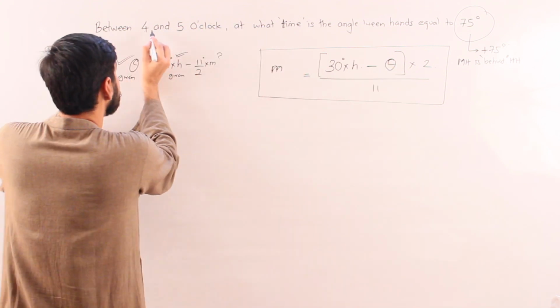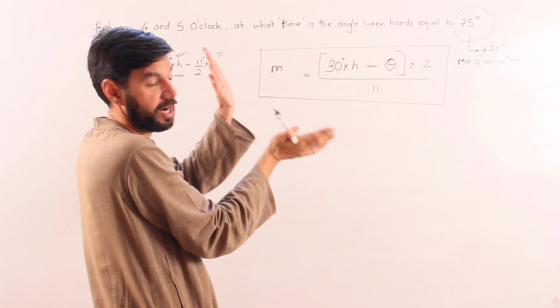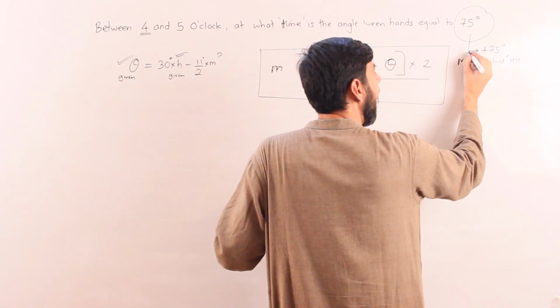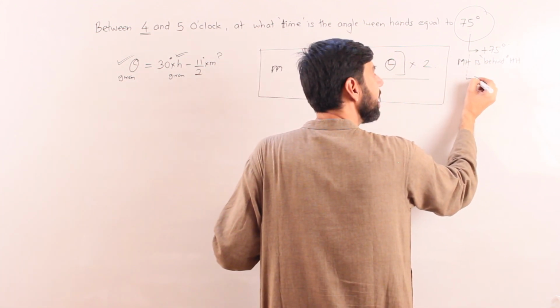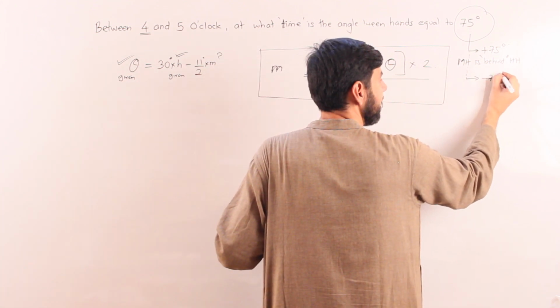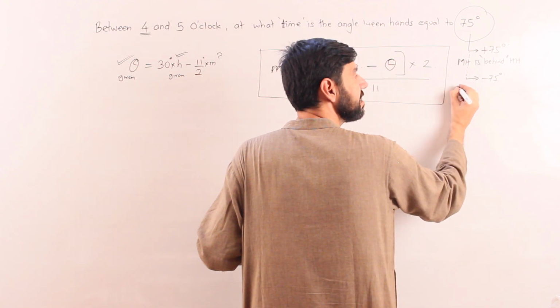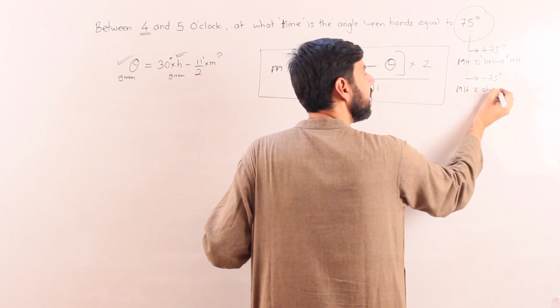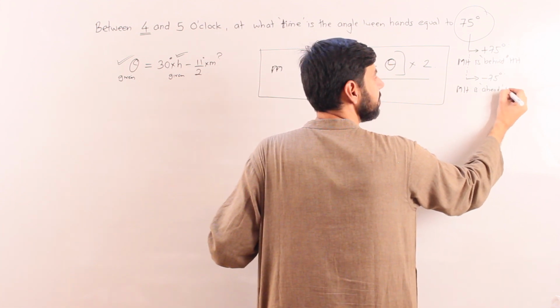Think that my starting time will be from 4 o'clock. At 4 o'clock, it is behind and it is catching up, but it has not yet caught up. And I could also have an angle which is minus 75 degrees. The minus 75 simply means that the minute hand is ahead of the hour hand.